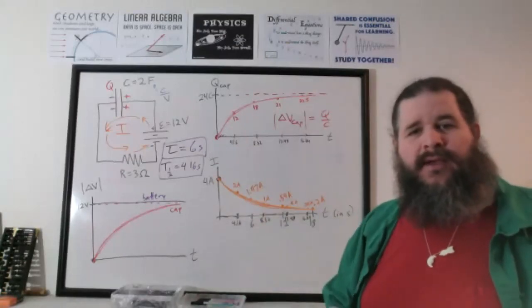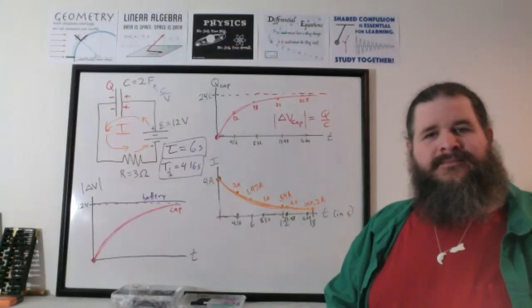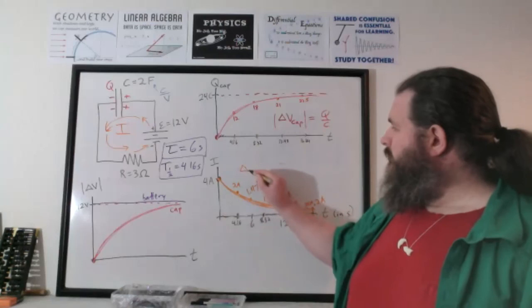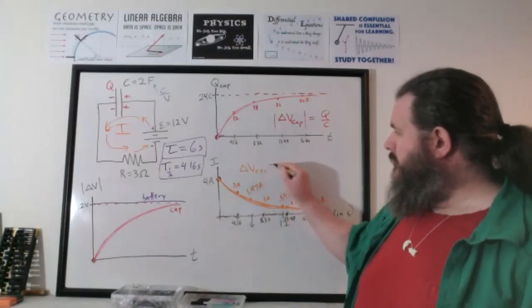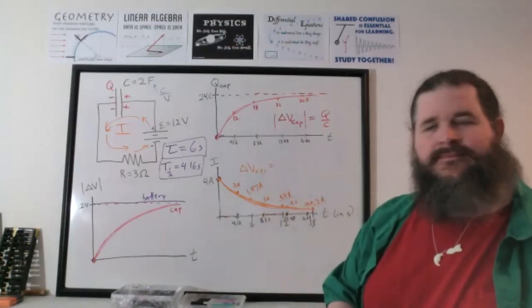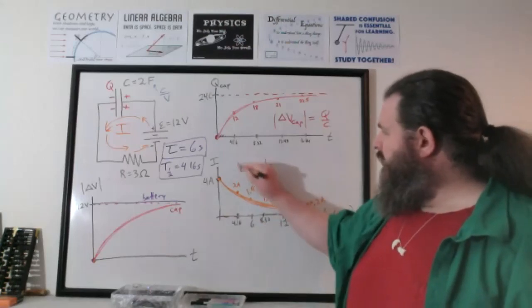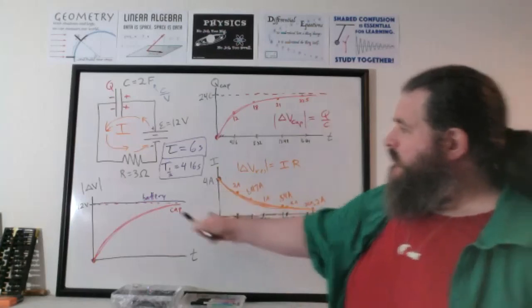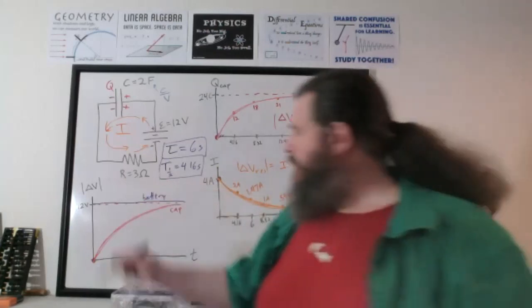How do we convert that to a voltage? Delta V for any resistor is going to be what? Negative IR. Yeah. And let's look at it as an absolute value. So just IR. So we start with 4 amps times 3 ohms is 12 volts.